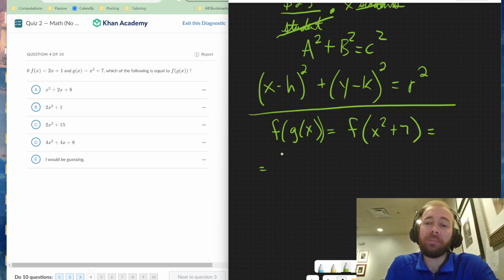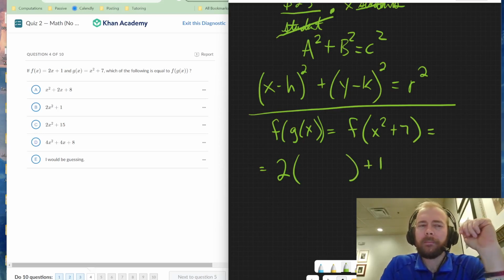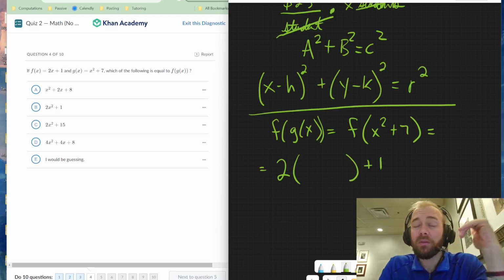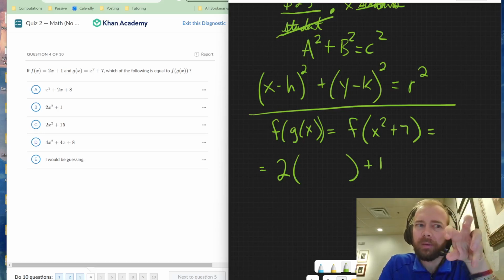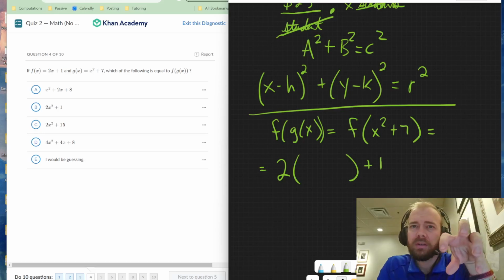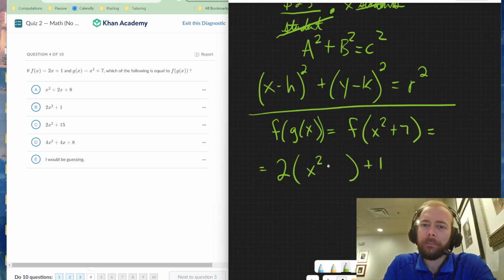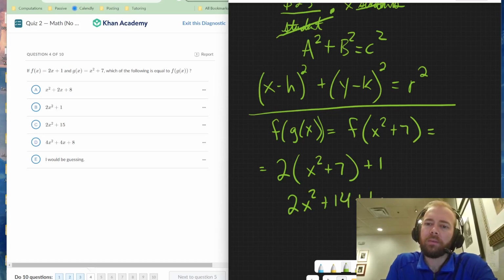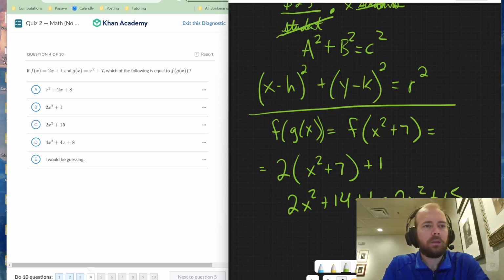So f of something else would just be 2 times that something else, plus 1. f of x, the variable is x. If there's some other variable besides x in the parentheses, then you substitute all the x's with the new thing in parentheses, which is now x squared plus 7. So we distribute the 2: 2x squared plus 14, plus 1 is 15. So that's 2x squared plus 15, which is C.